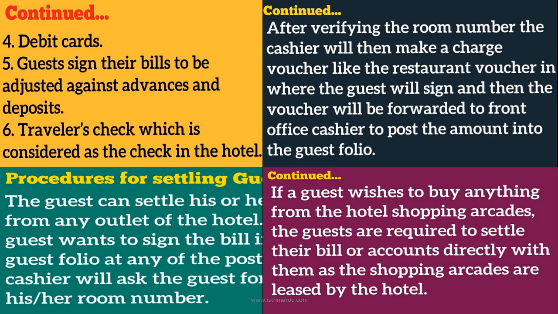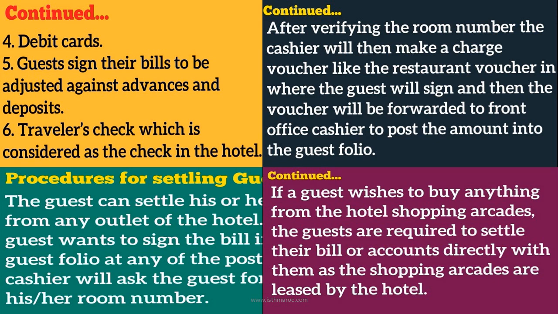Four, debit cards. Five, guests sign their bills to be adjusted against advances and deposits. Six, and finally, traveler's check, which is considered as a check in the hotel. So these are some alternatives for the guests to avoid problems.